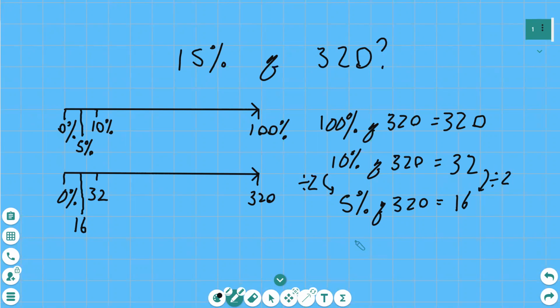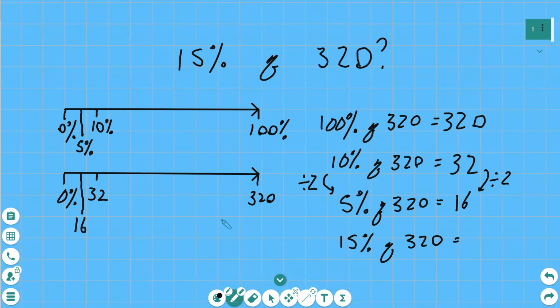So now we've got the building blocks because 10% plus 5% is 15%. So what we have to do here is we have to add 10%, which is 32, and 5%, which is 16, and we'll get 15%.